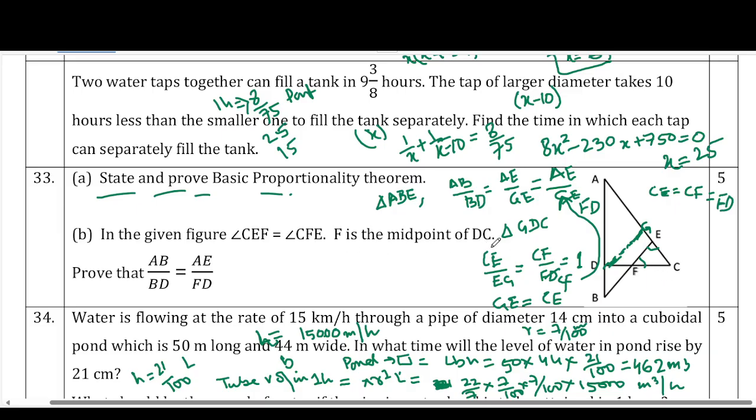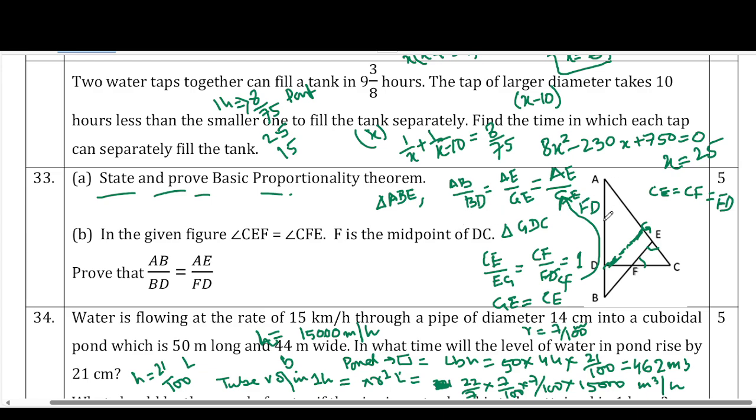F is the midpoint of DC, so FD and FC are equal, and ultimately CE equals them too. Now, F is the midpoint of DC. Prove that AB by BD is equal to AE by FD. So how to prove it?